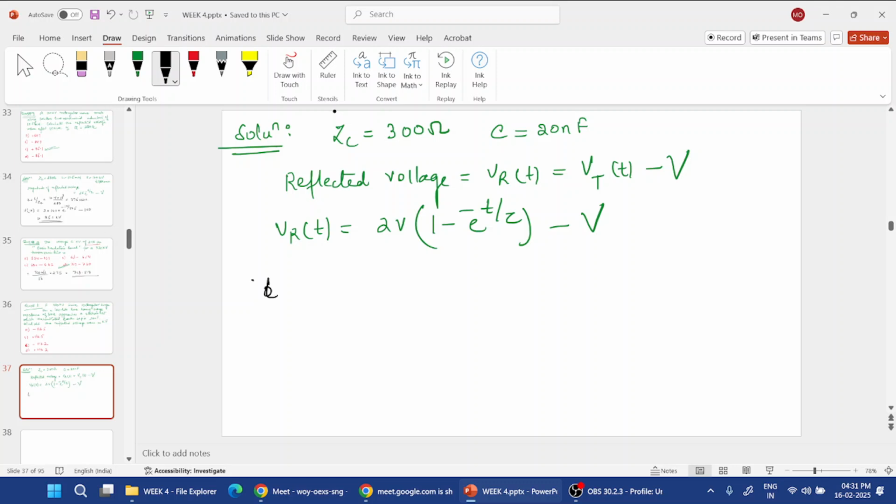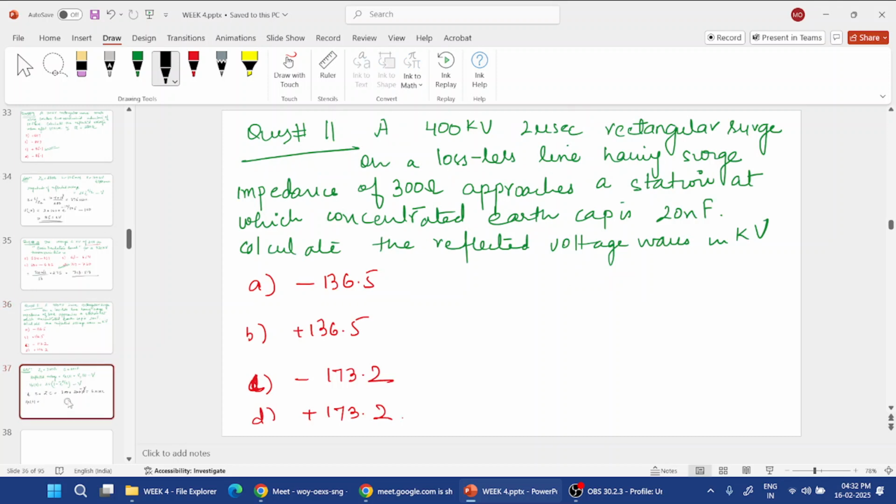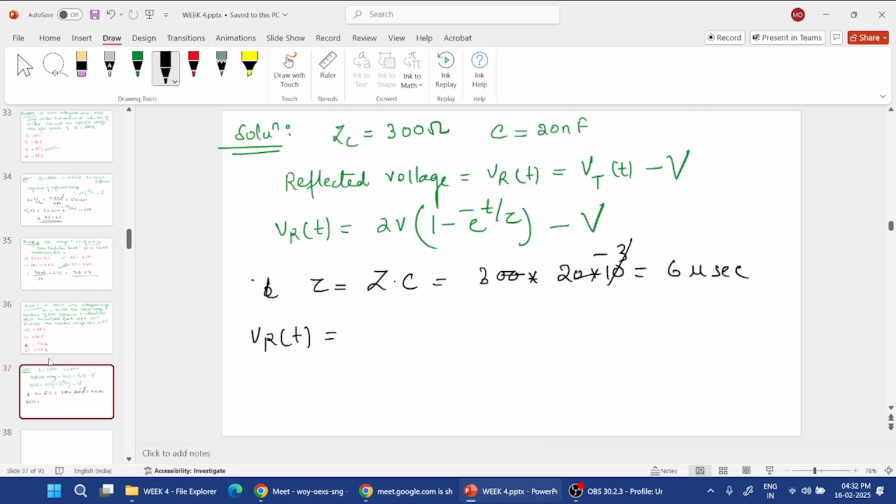First we will calculate tau. Tau is simply ZC, 300 into 20 into 10 raised to the power minus 9, so it will come out to be 6 microsecond. And we have to calculate at t equal to 2 microsecond.